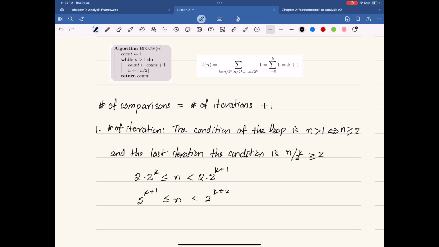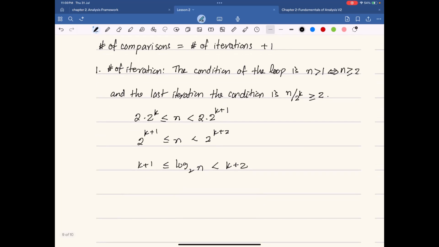Taking the base 2 logarithm of all sides, we have k plus 1 less than or equal to log base 2 of n, less than k plus 2. And in fact, this is equal to k plus 1 plus 1. So here basically we say that the value of floor of log base 2 of n is equal to k plus 1.